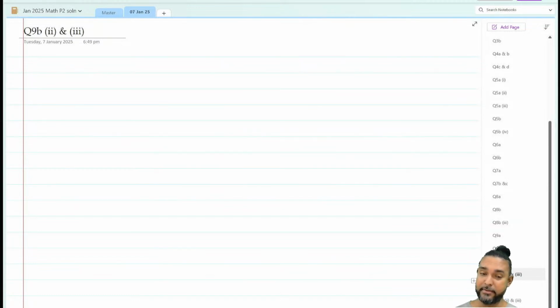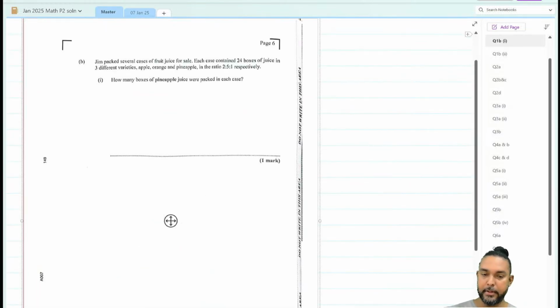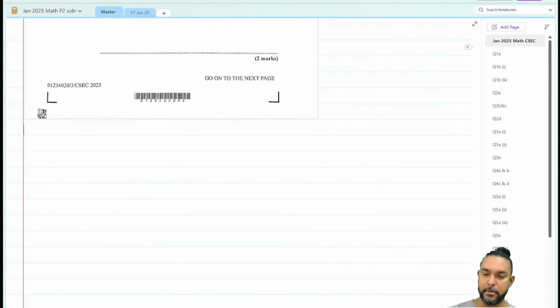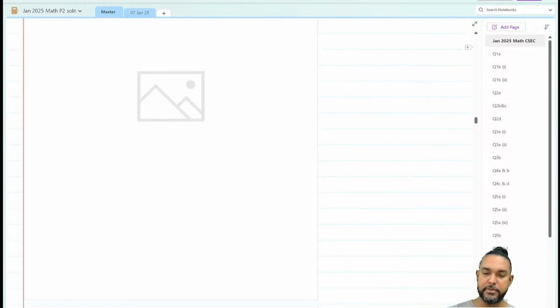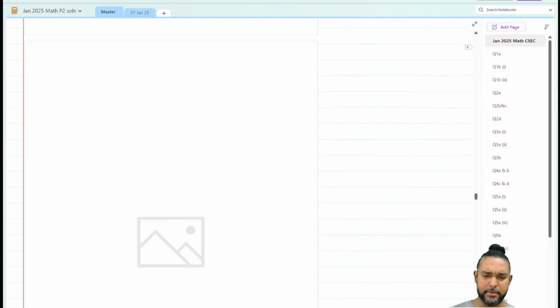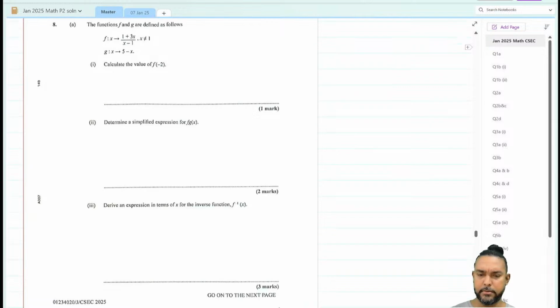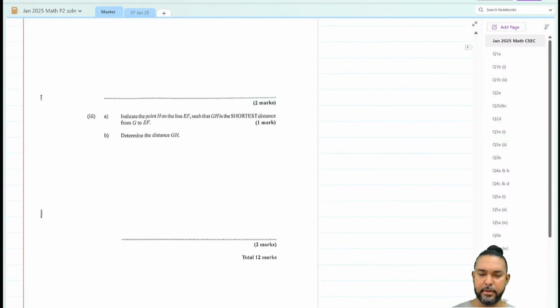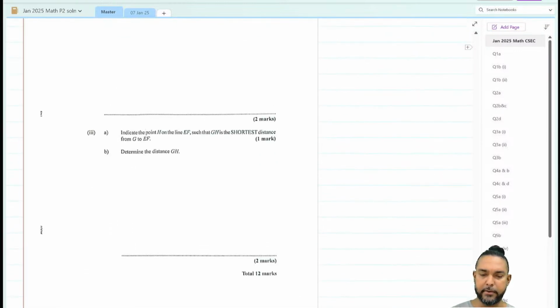I know what to do. I'm going to go on to this page here, and I have to go down. So it's question 9b, part 2, right? Okay.